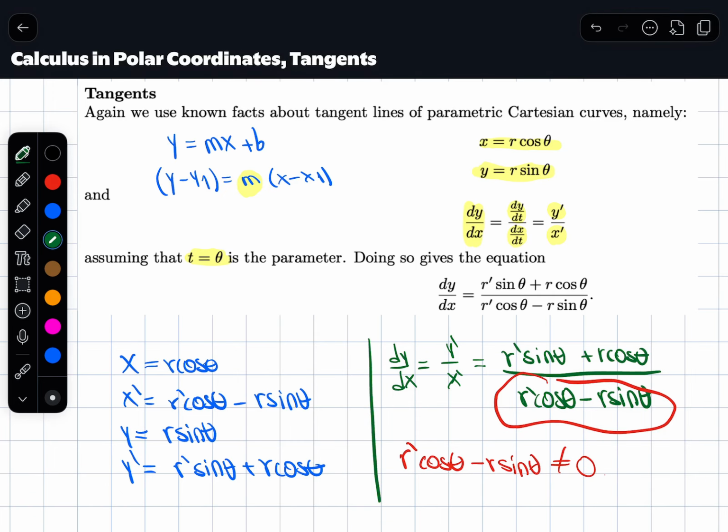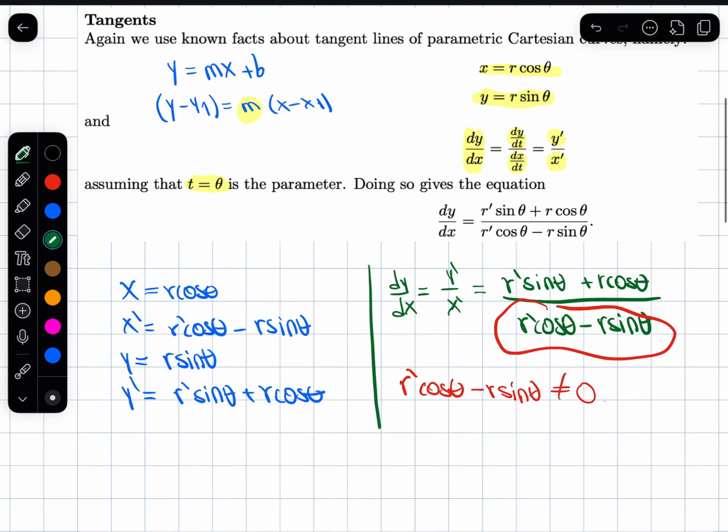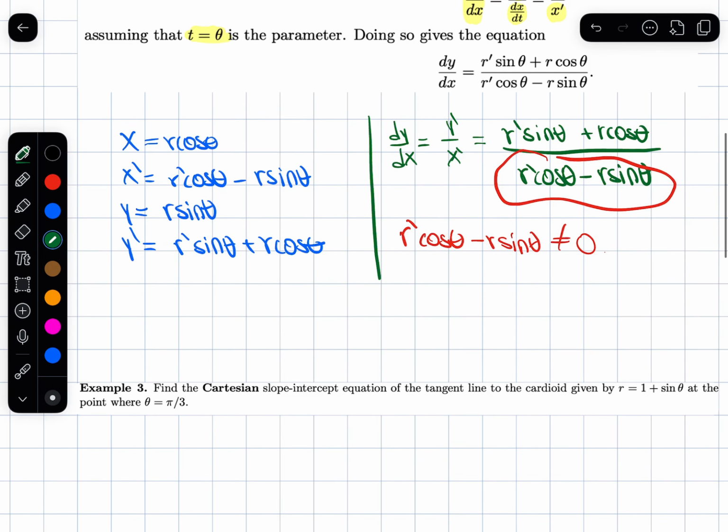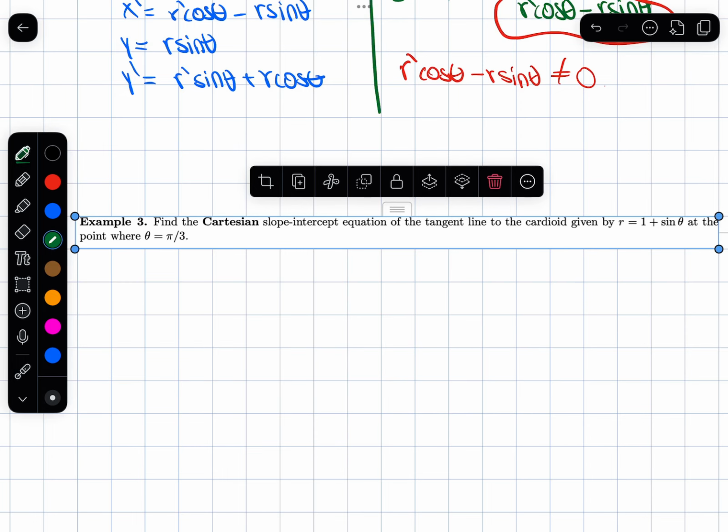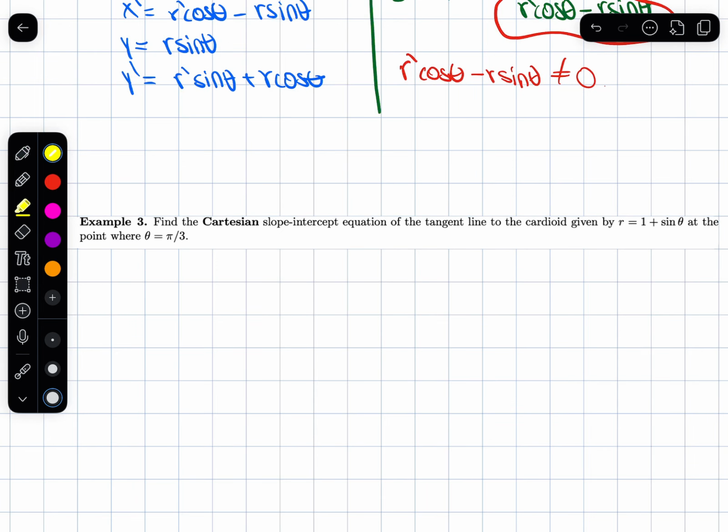All right, let's do an example of how to handle this. And this example is worded, maybe this is a little small, so I'm going to read it with you in case you can't see well. You're finding the slope-intercept equation of the tangent line to the cardioid.